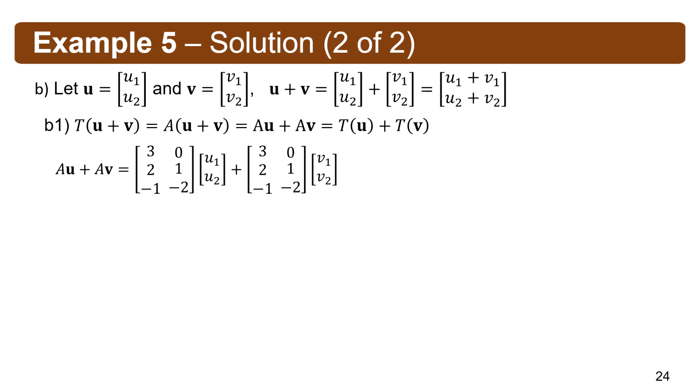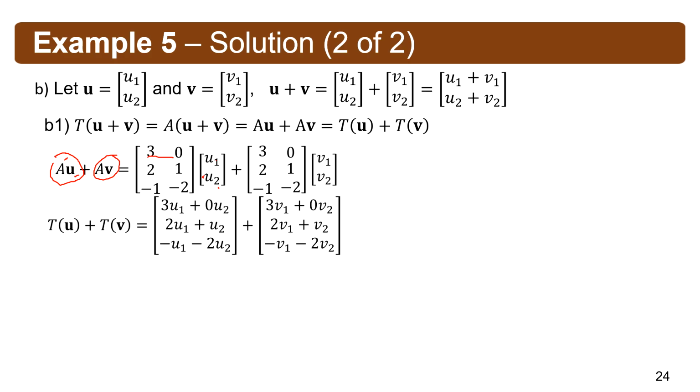So we do the transformation of each vector. Again, the rule that is used is the matrix. So we apply this to u1 and u2 and then to v1 and v2. So we multiply this and this one.